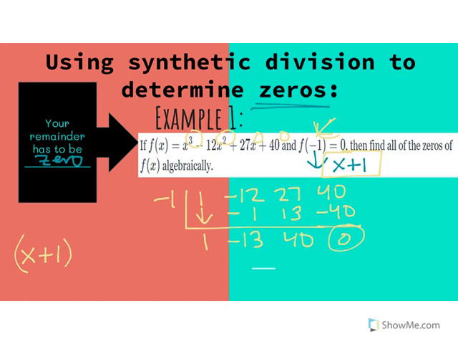Then now I'm going to rewrite my regular polynomial like I have been. This is the coefficient of the one degree less than, so this is x squared minus 13x plus 40. From here, we now have a factorable polynomial. So we want to see if we can actually factor this. The x plus 1 is already factored. The x squared minus 13x plus 40 is not factored yet.